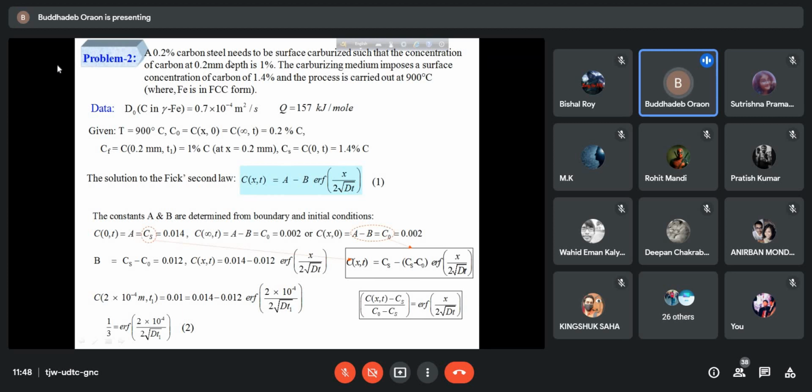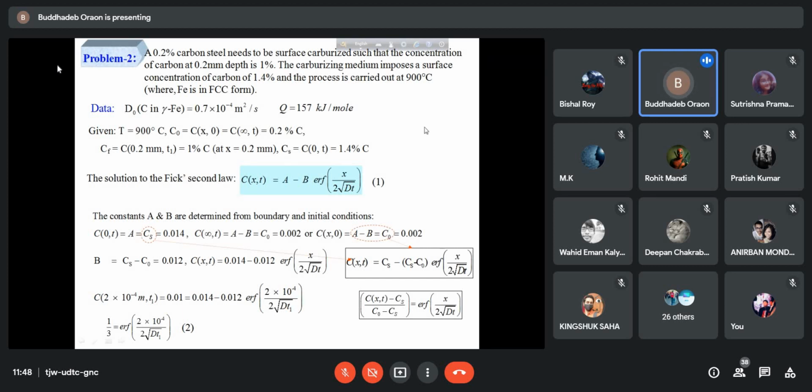And this percentage of carbon indirectly indicates the degree of hardness at that particular depth. So percentage of carbon can be related to the mechanical properties. Indirectly we can measure the mechanical properties by measuring the concentration of the diffusing atoms.